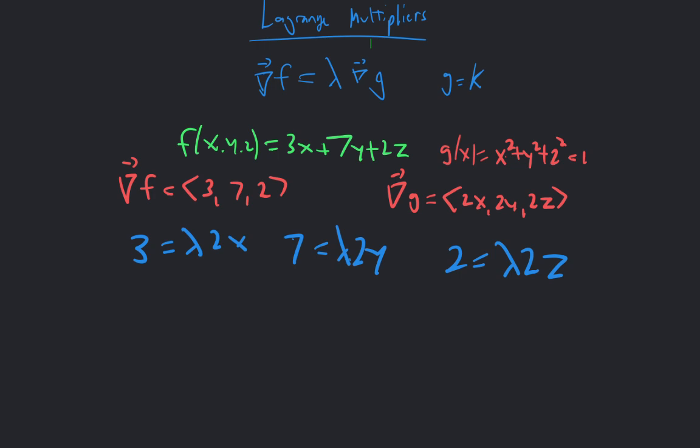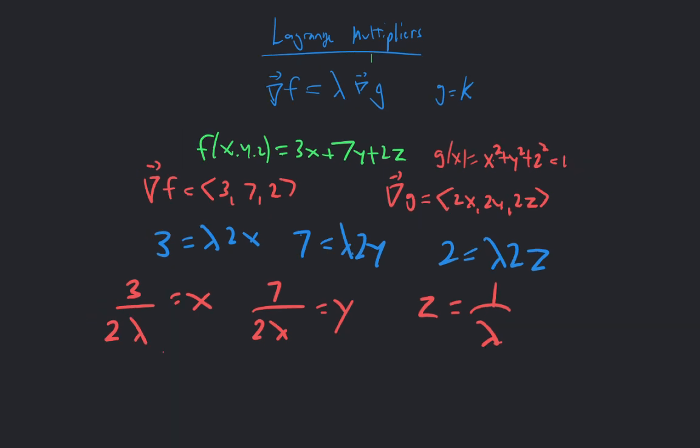We are then going to solve for x, y, and z. So we got 3 over 2 lambda is equal to x, 7 over 2 lambda is equal to y, z is equal to 1 over lambda.